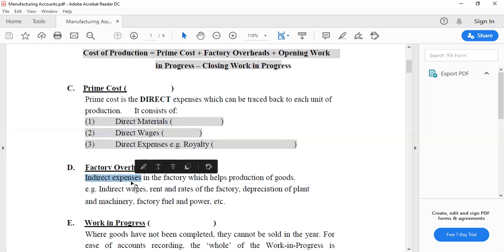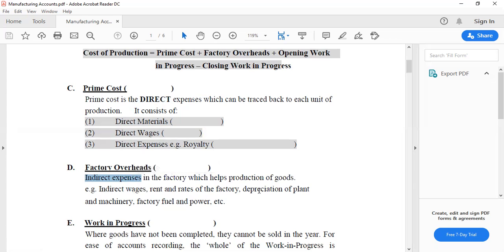The rent paid for the office is an indirect expense because the persons in the office do not work in the workshop. But the rent of the factory is a direct expense. I don't know whether you are getting the difference between the direct expenses and the indirect expenses.